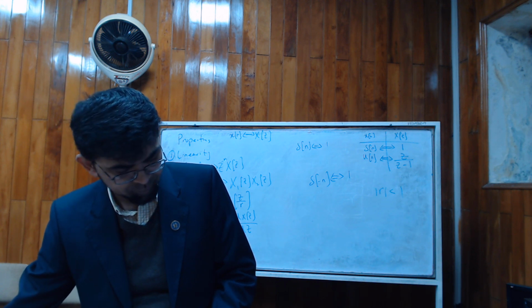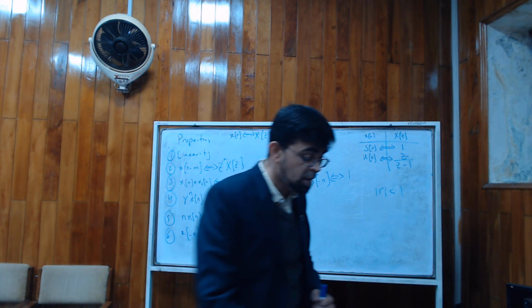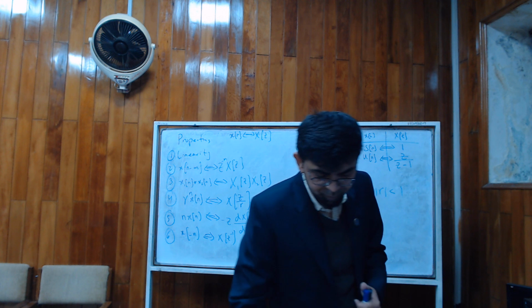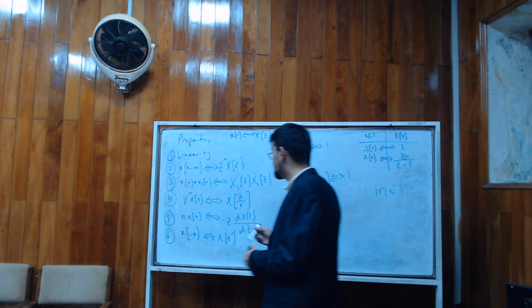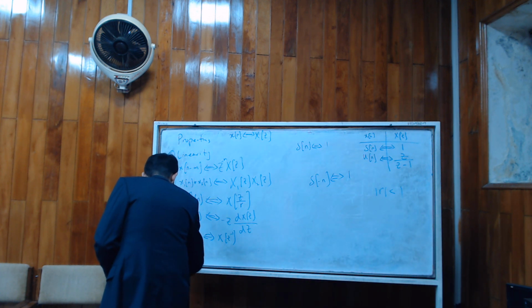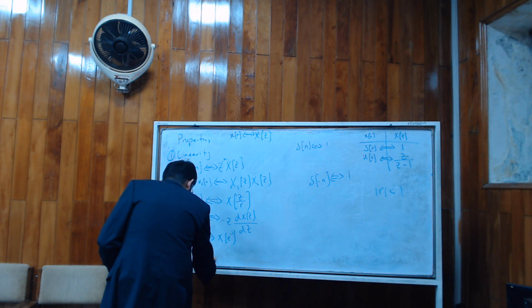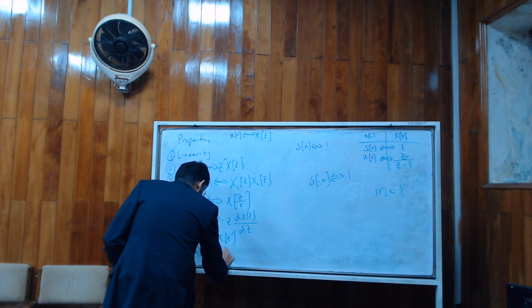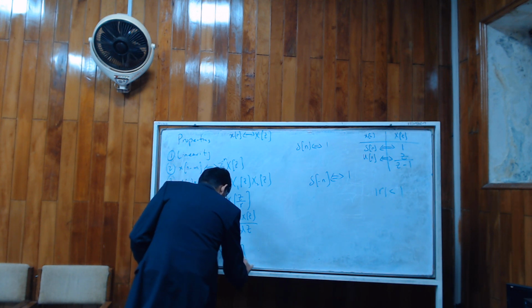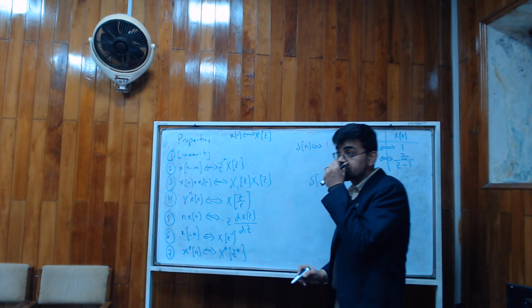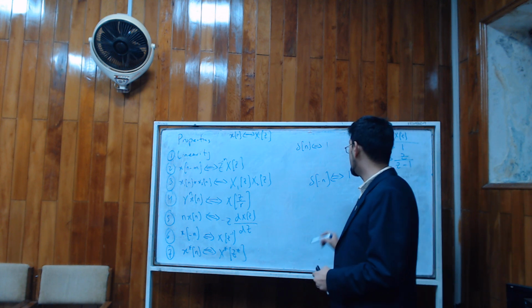Finally, when you conjugate in time, you get a conjugate in the Z domain. Okay. So now again, trick question.